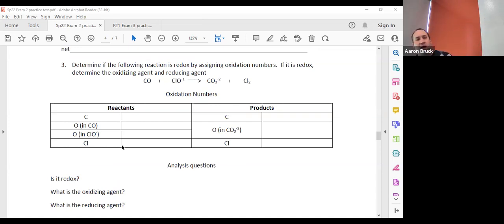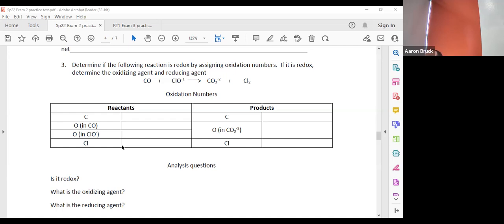I actually like this question a lot, so much so that when I started to design the oxidation numbers proficiency, I used this format. If you're looking ahead a little bit, next Friday is our first attempt at the oxidation numbers proficiency.